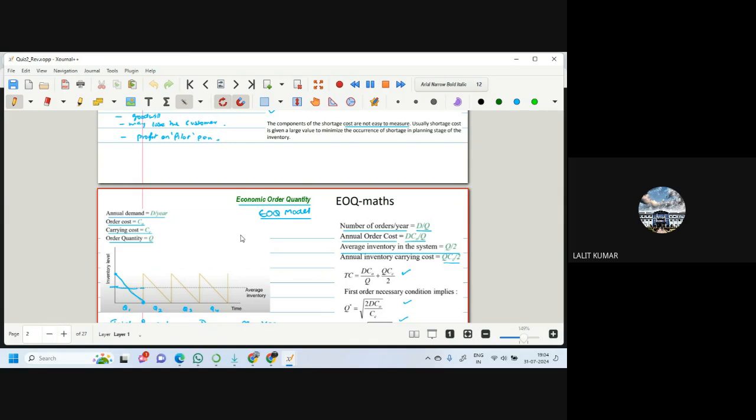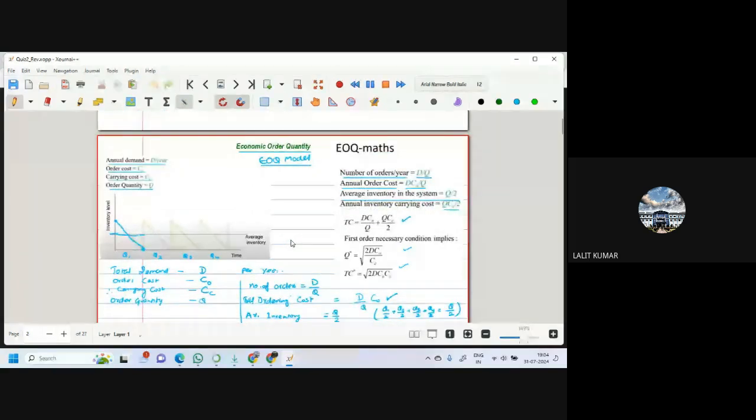Second is the carrying cost: if you want to carry something from one time cycle, one quarter, to another quarter, there is a carrying cost. And fourth is the order quantity. So in that, straight away a formula is there: Q star is equal to root of 2 D CO by CC. Here just be careful.